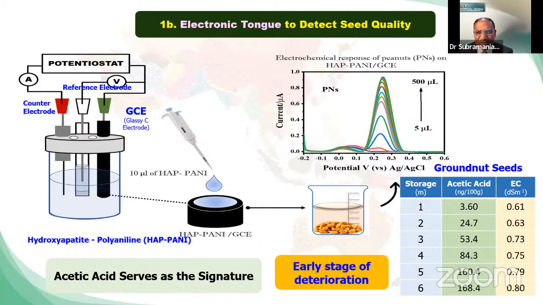When we look at a specific compound like acetic acid, we take 1 ml of the extract and put it on the platform, and that is converted to an electronic signal. It gives very clear information: a wide range of values is observed, and this could be a very good indicator. We call this the e-tongue, or electronic tongue, to measure the seed quality.